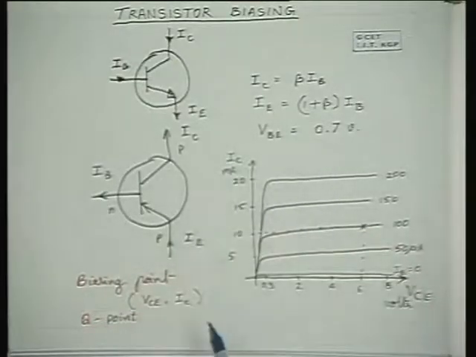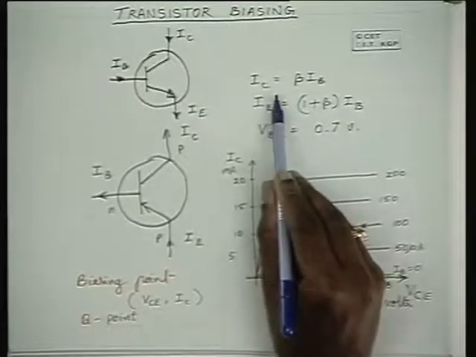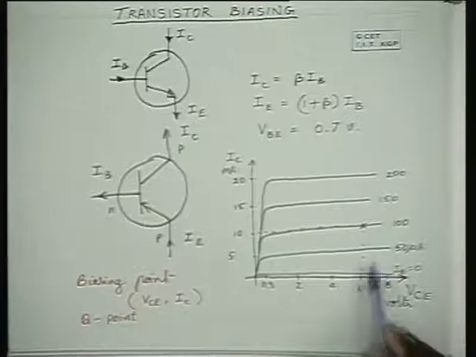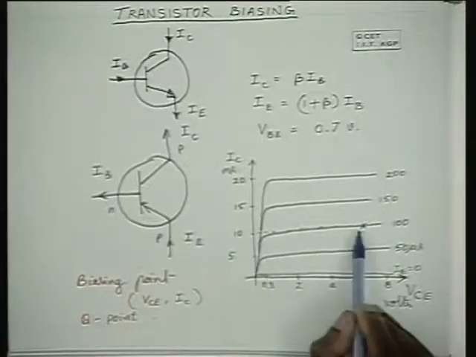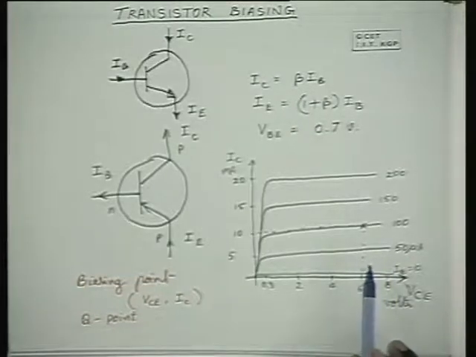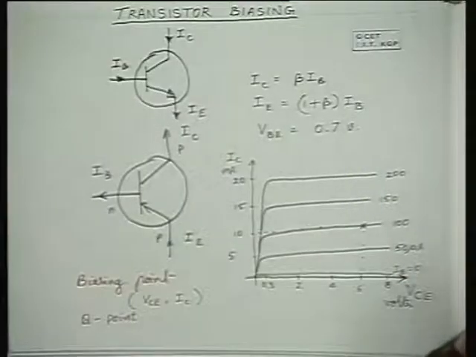And specifying VCE and IC is good enough, because given beta and given IC, you know how much IB is. IB is IC by beta. And given VCE as about 6 volts and IC as, say, 10 milliamperes, we know that this transistor is in the active region. That means the base to emitter junction is forward biased, and obviously the voltage difference is of the order of 0.7 volts.